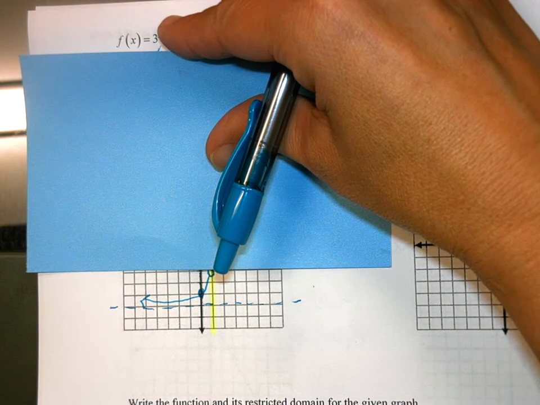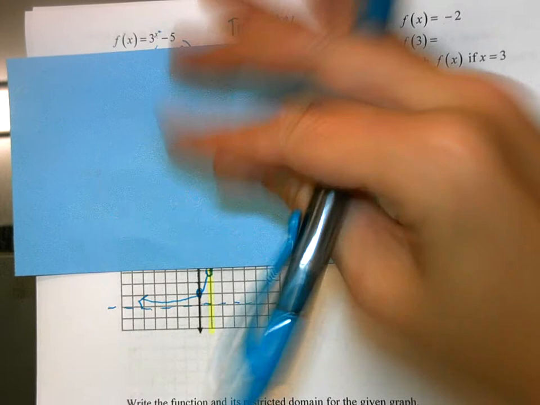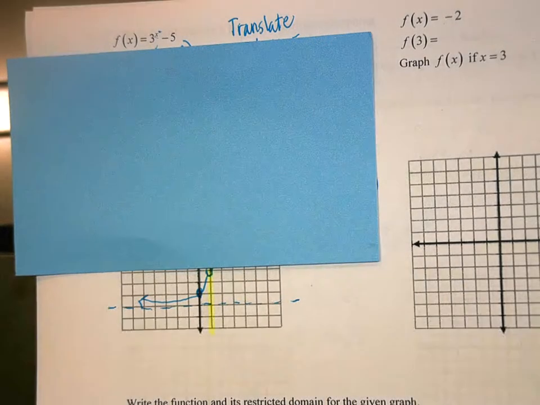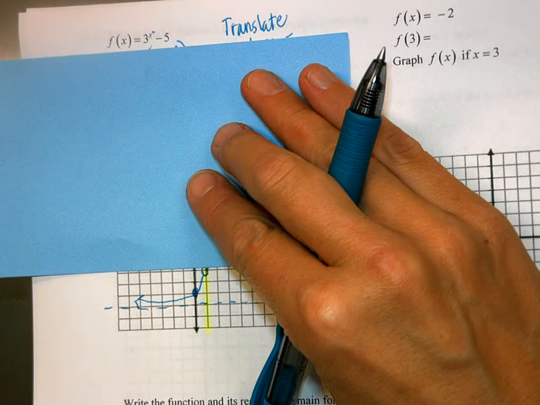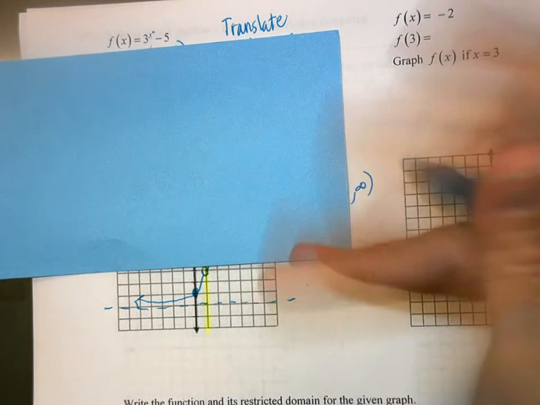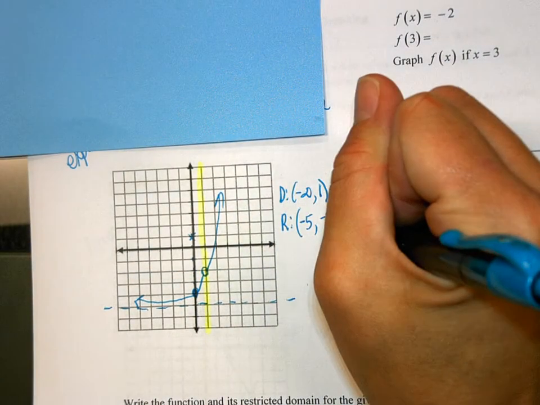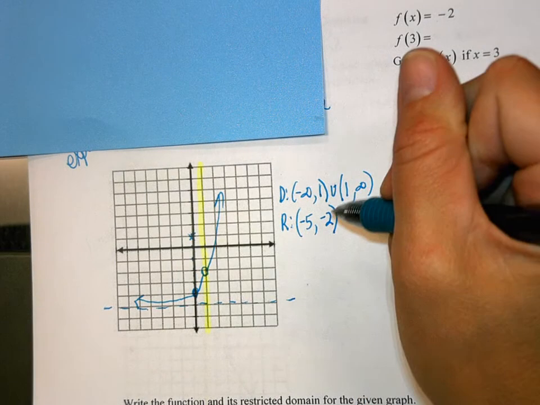Do you see a filled in line anywhere else on the graph? No. So we have to stop there. So what is that value there for the range? Good. So -5 to -2, parenthesis. And then it starts back up again, right?